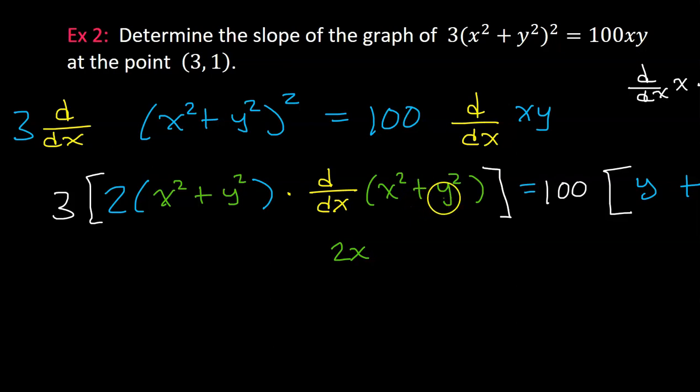Now the derivative of y squared, because the variables don't match, I have to do the chain rule. So I'm going to do the derivative of the outer function, so that's going to make this into 2y. But then I have to do times the derivative of the inner function. In other words, times dy dx.